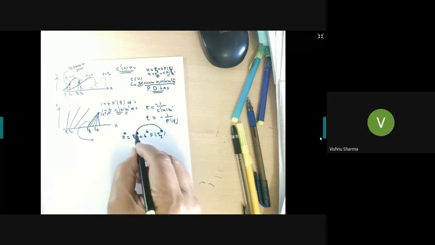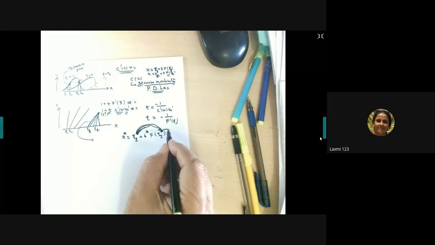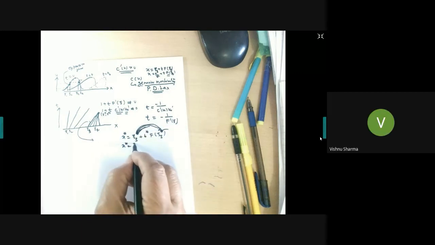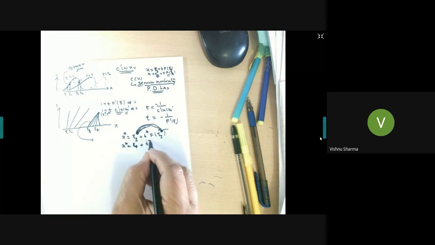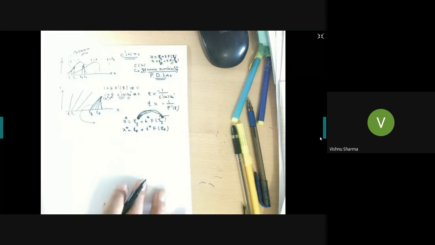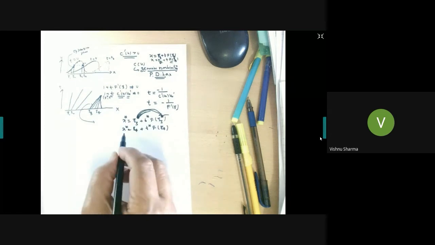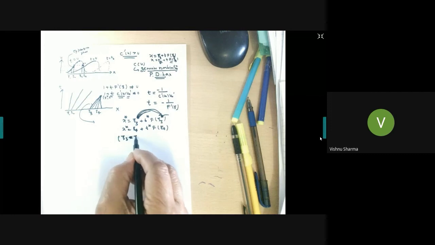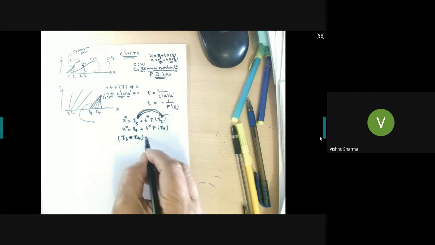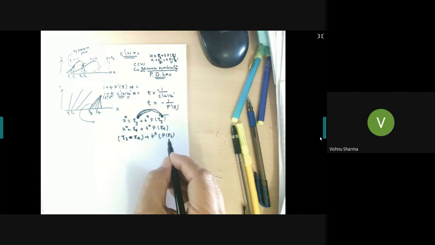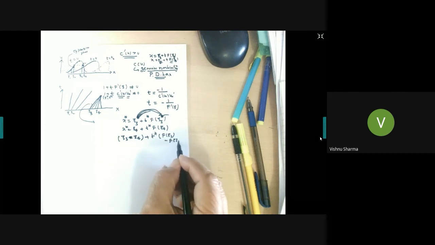So x star is equal to xi3 plus t star f of xi3, and similarly, the second equation, xi4 plus t star f of xi4. So if I subtract this from this, what do I get? xi3 minus xi4 plus t star times f of xi3 minus f of xi4 is equal to 0.